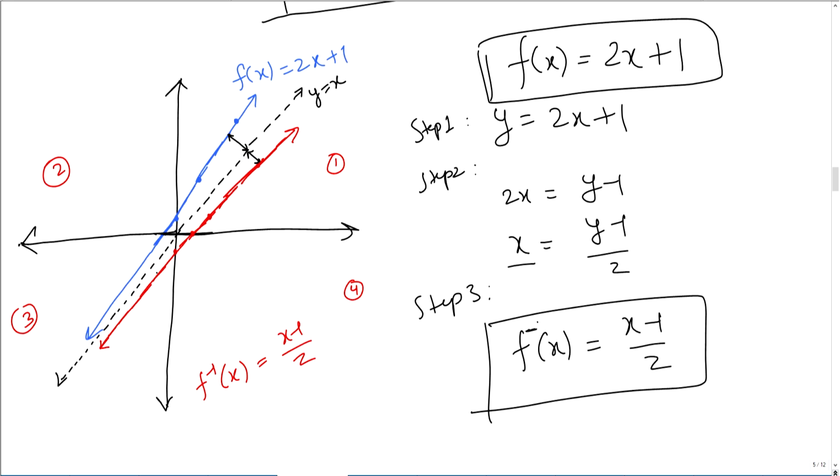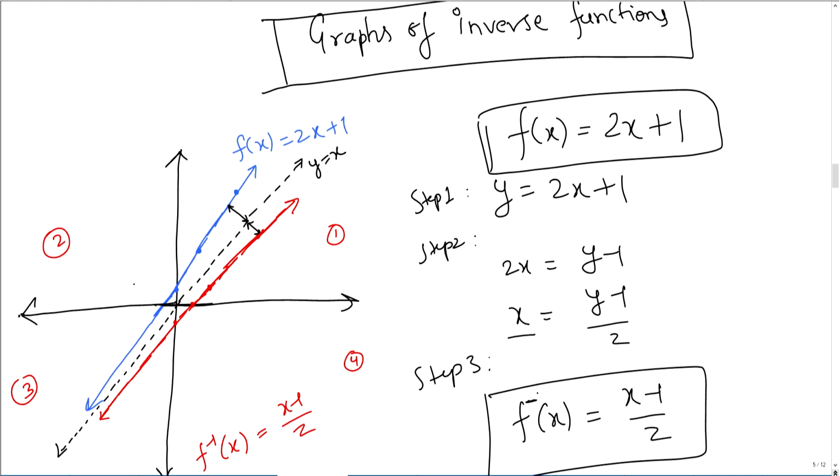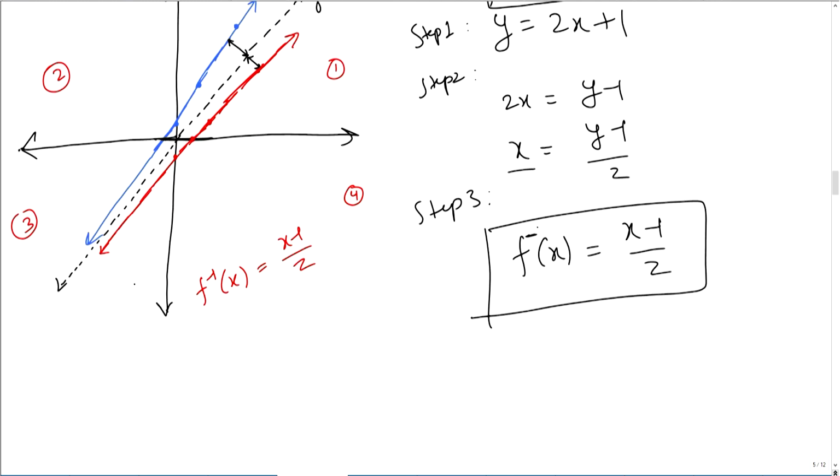And here in this area where the blue line is close to y equals x, this red line would also be close to y equals x. So that's the idea. Your inverse graph is a mirror image of your original graph along the y equals x line. This is the relationship between graphs of the inverse function and the original function.